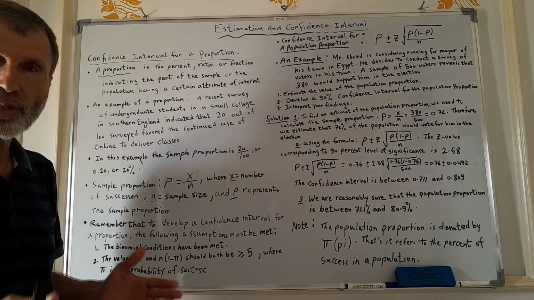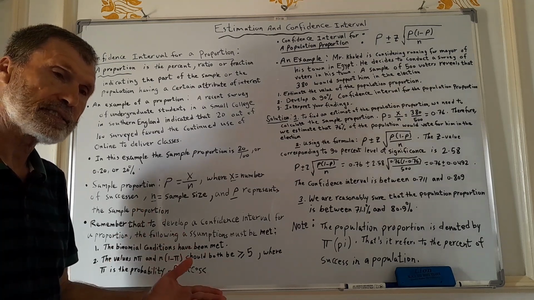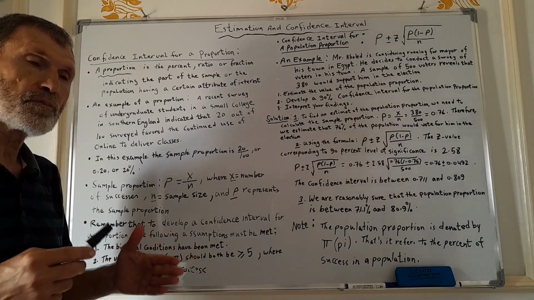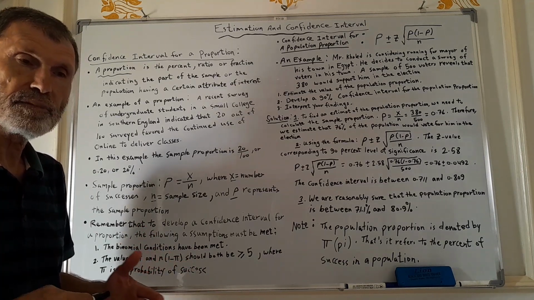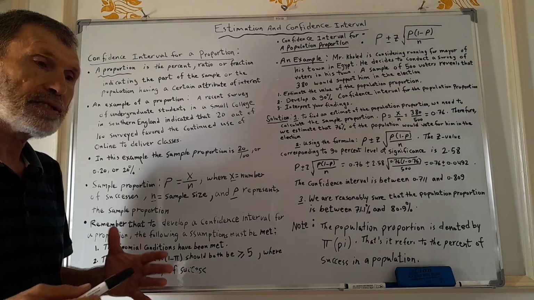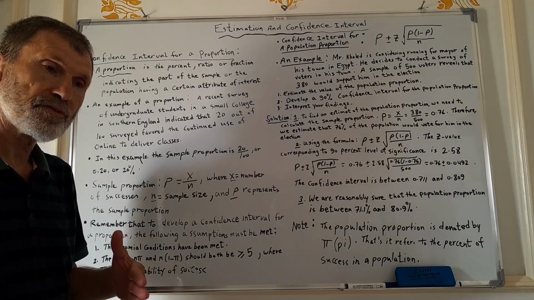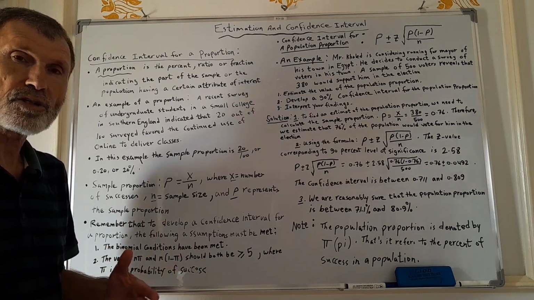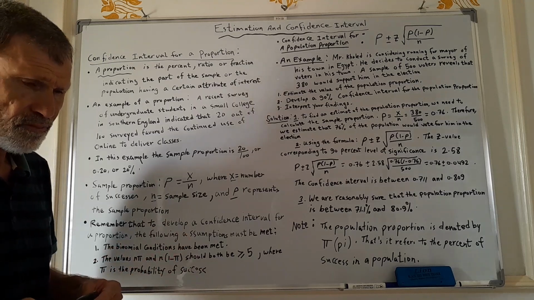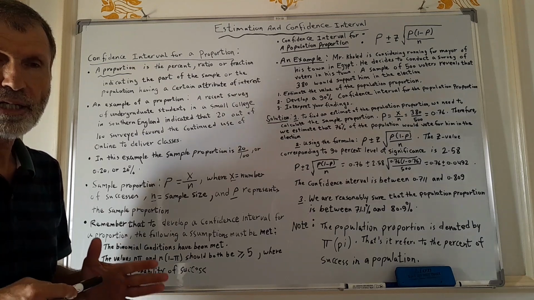We have two possible outcomes, a success and a failure. The probability of success and failure remain the same for each trial, and the trials are independent. That is, the outcome of a trial does not affect the outcome of any other trial. So these are some of the assumptions of a binomial distribution.